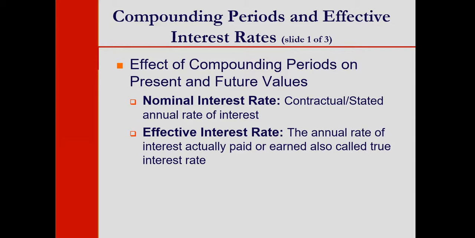Effectively, the actual amount of interest that you earn can be different from what you could have earned at 9%. And that difference will be just because of compounding frequency. Now let me show you how.